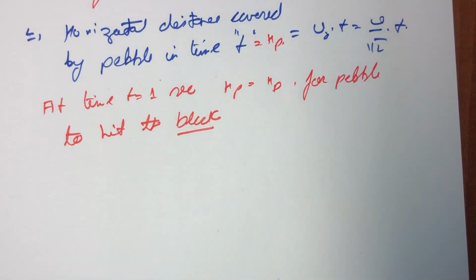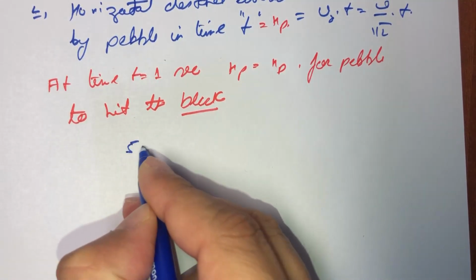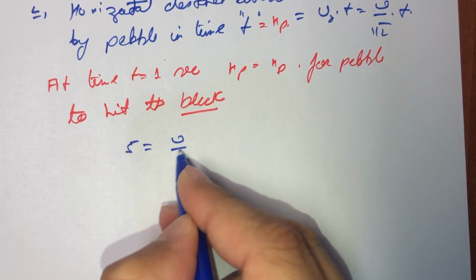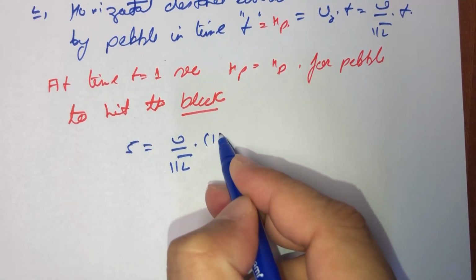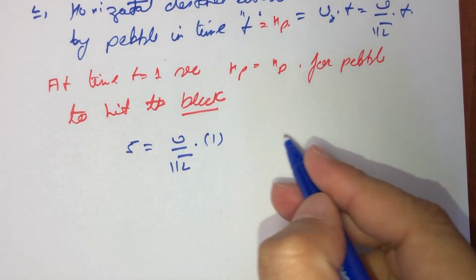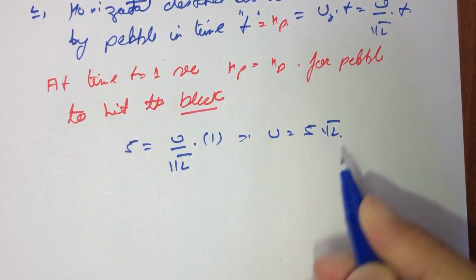So we substitute the values, and we get 5 will be equal to v upon square root of 2 multiplied by 1. So from here we get v as 5 square root of 2.